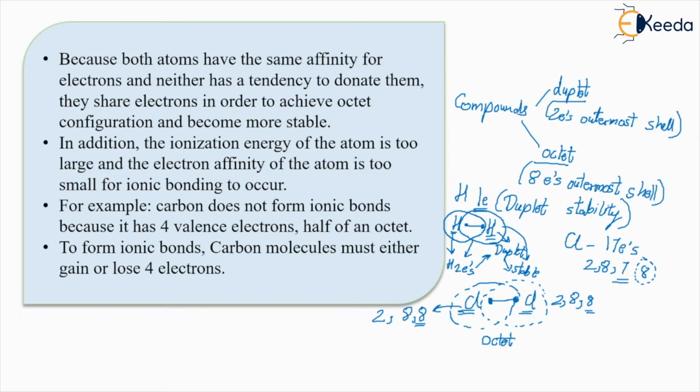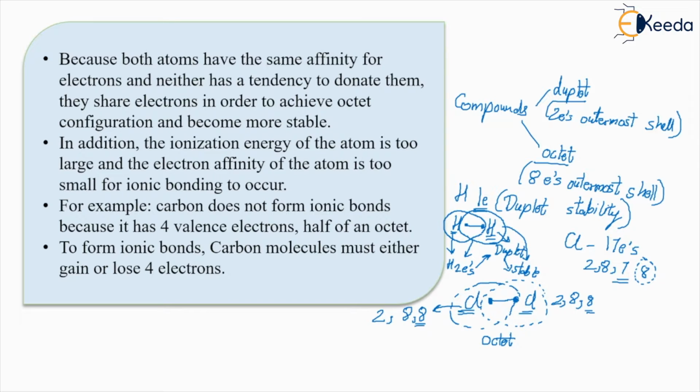In addition, the ionization energy of the atom is too large and the electron affinity of the atom is too small for ionic bonding. For example, carbon does not form ionic bonding because it has 4 valence electrons. It's in half octet. To form an ionic bond, carbon must either gain or lose 4 electrons.